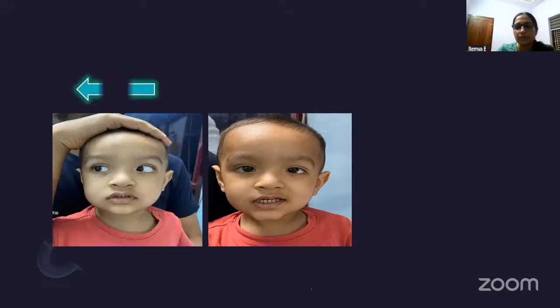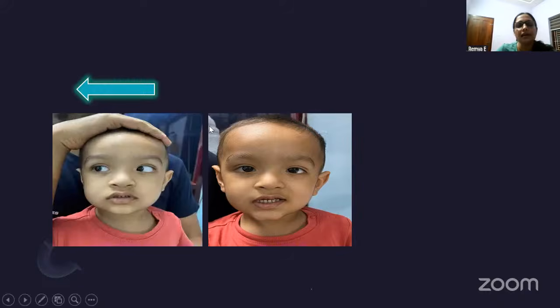So in this case, can you describe this case? It looks like a case of esotropia, right? You can see the white part in this eye is seen well, but the white on this side is not seen well. But is it actually an esotropia?